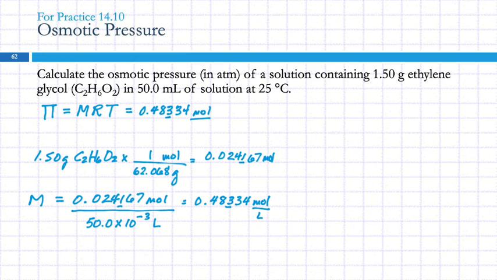So here's my molarity. And then I'm multiplying by my ideal gas constant, 0.08206 liters times atmospheres divided by moles times kelvins. And then I'm going to multiply by the temperature in kelvins. So 25 plus 273 gives me 298 Kelvin.